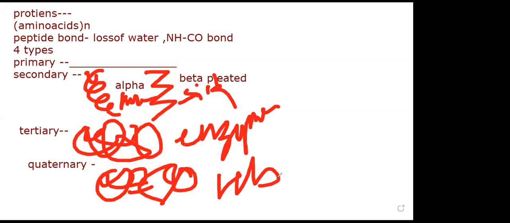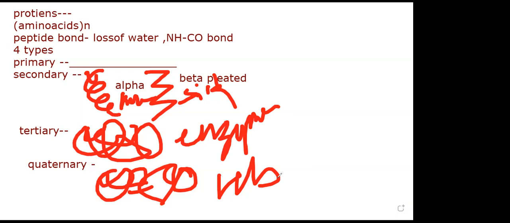Next, some of the important proteins involved in functioning: GLUT4, the glucose transporter, enables the transportation of glucose.